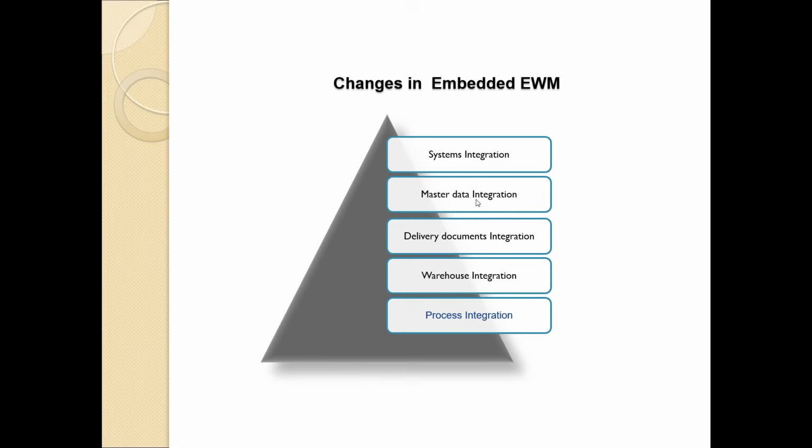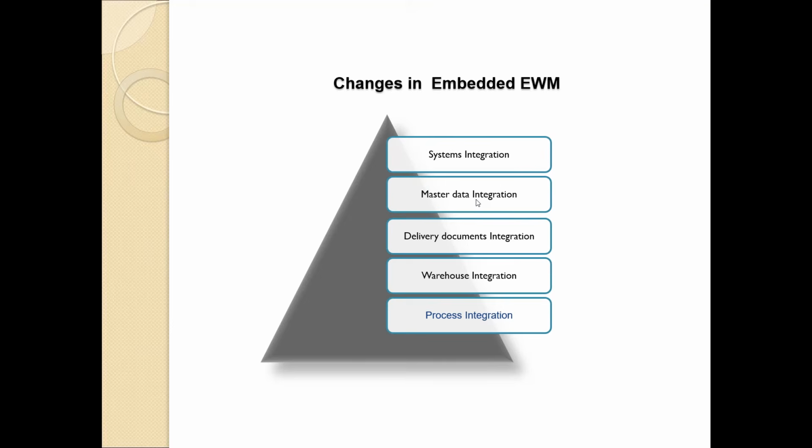When it comes to master data integration, in decentralized versions we had different challenges in integrating the master data. The EWM system needs to be in sync between the ERP and the EWM.